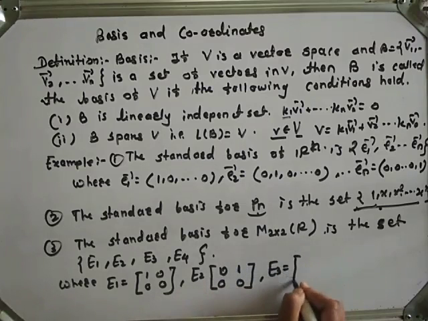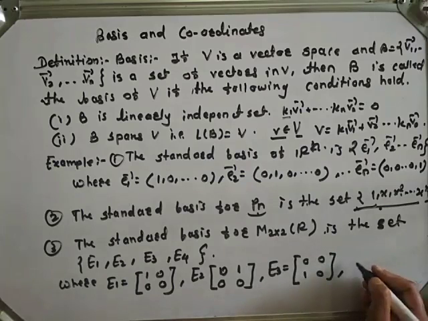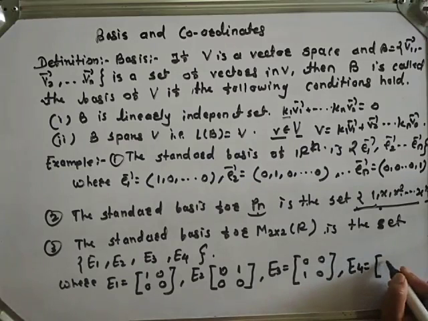E3 is the matrix [0 0; 1 0], and E4 is the matrix [0 0; 0 1].